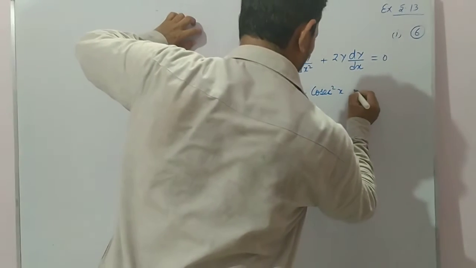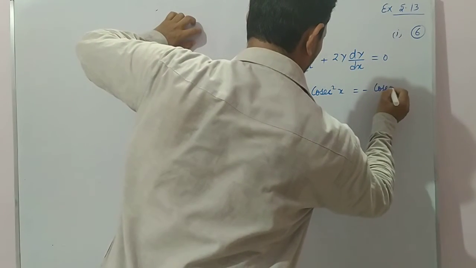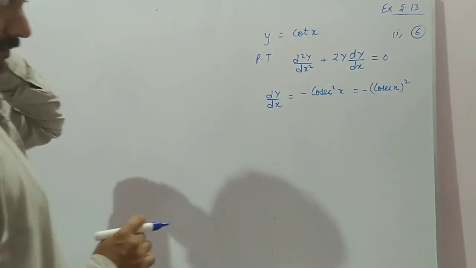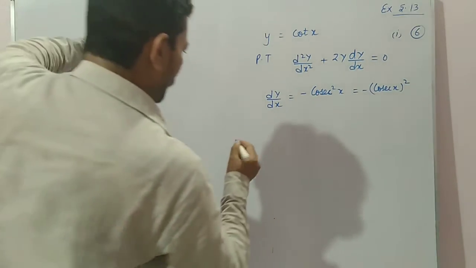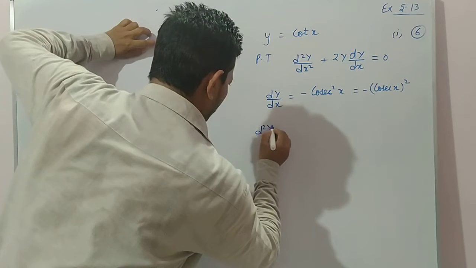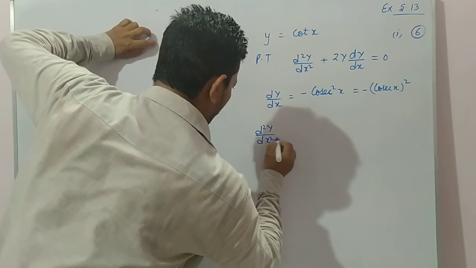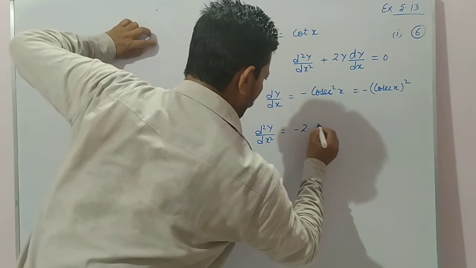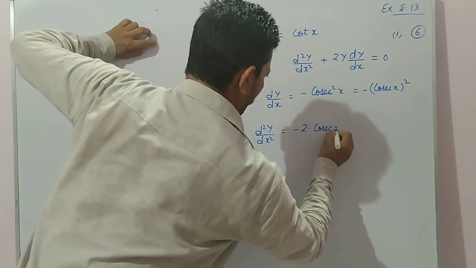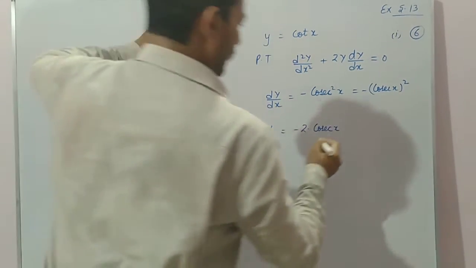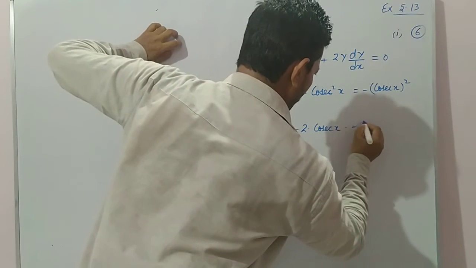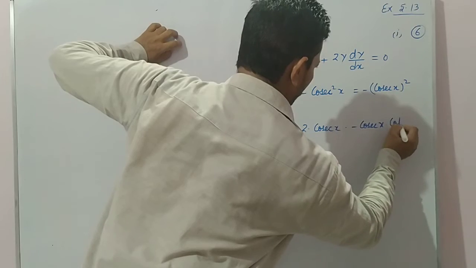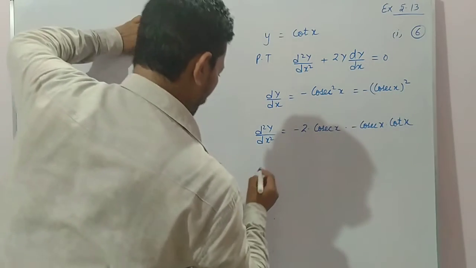Minus cosec square x means minus (cosec x) the whole square. Now d2y by dx square, that is first differential of power 2, cosec x to the power 1 into differential of cosec x, that is minus cosec x cot x.